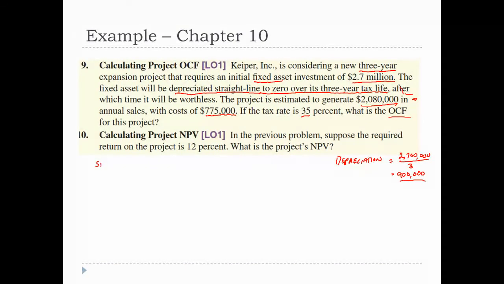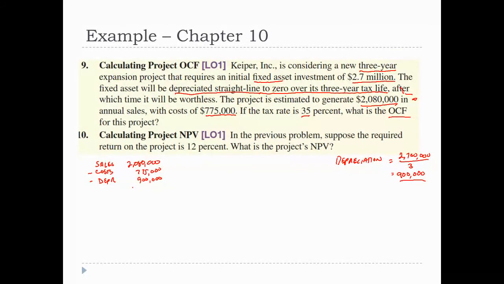This project, if we proceed with it, will generate sales of $2.080 million. And it will incur costs of $775,000. And each year we'll allocate part of the expenditure, the depreciation, is $900,000 in each of the 3 years of the project's life.